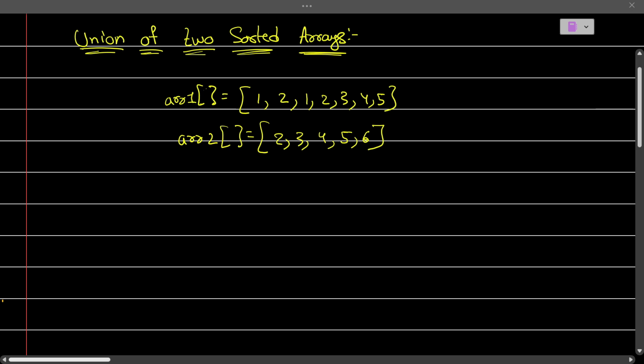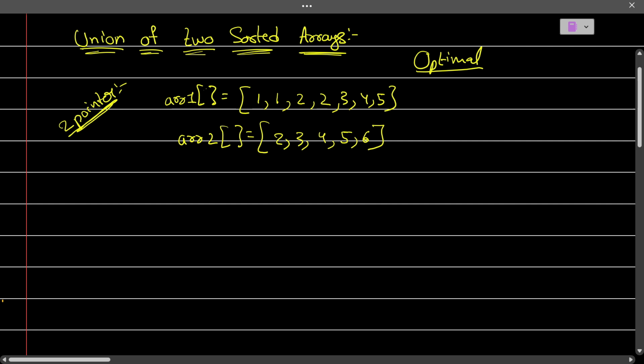So let us try to understand the solution for sorted arrays. Here I have the first array and the second array. I'm going to go for the optimal solution, using the two pointer approach.